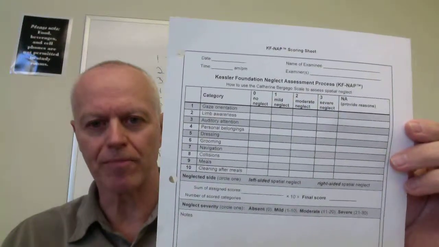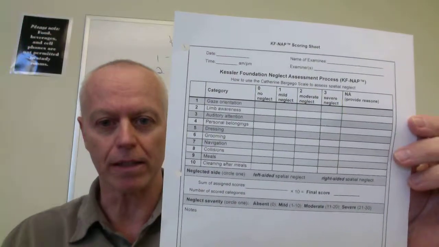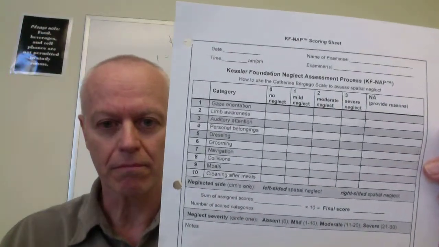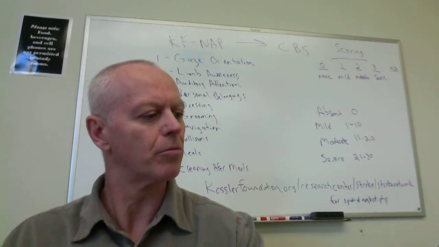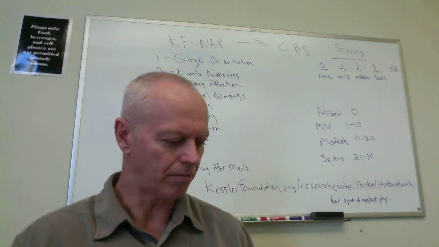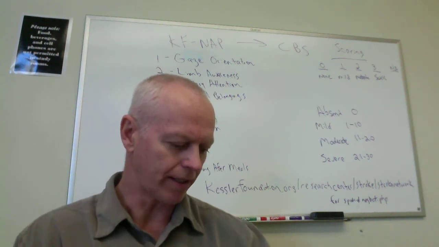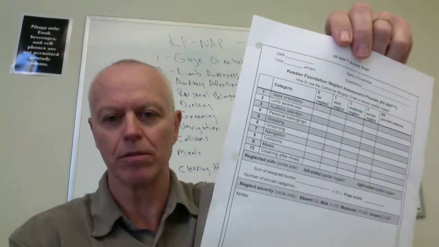And so you rate each task, and then you add up the sum of the assigned scores, and then you multiply times 10 to get the final score.